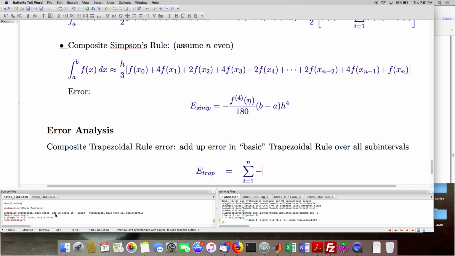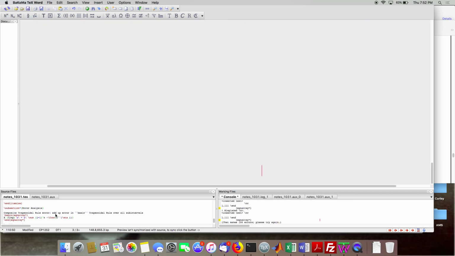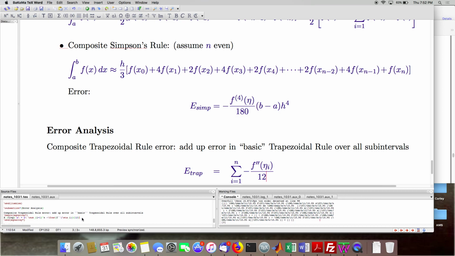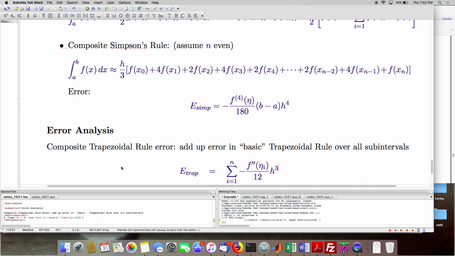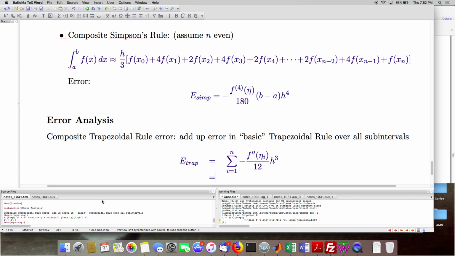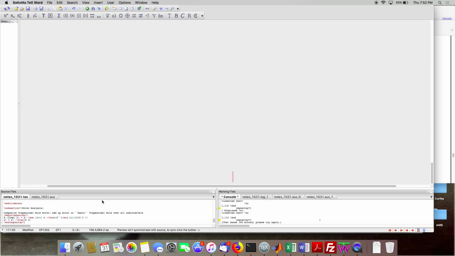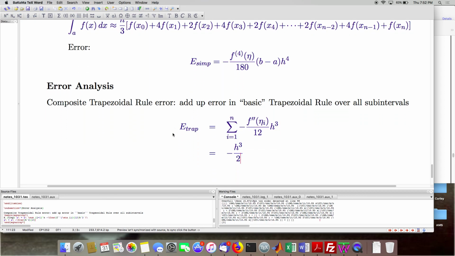So we have minus f double prime at some point, which I'll call eta_i, over 12, times, now the basic trapezoidal rule had (b minus a) cubed, but that's going to be h cubed here because that is the width of each subinterval. So now I'm going to factor out what I can. That's the h cubed over 12.